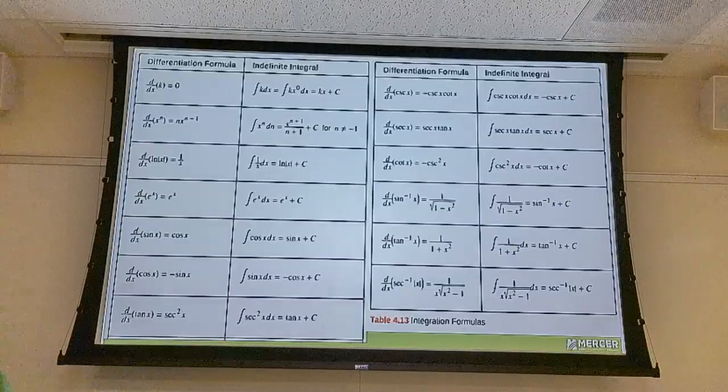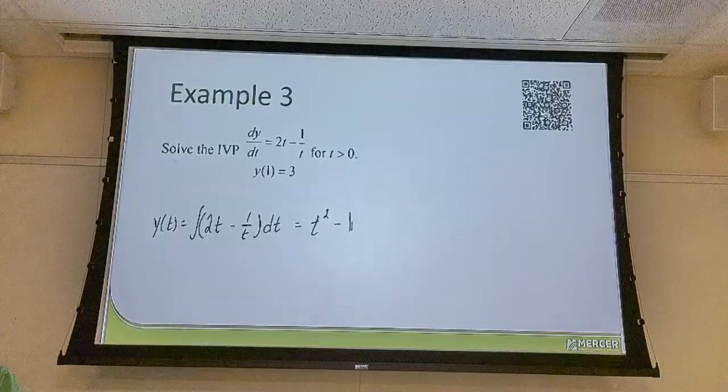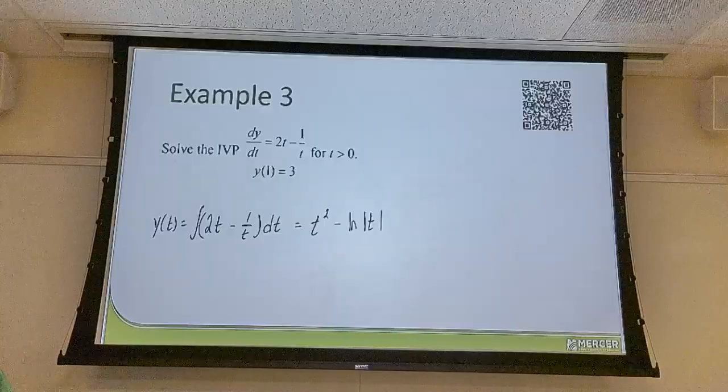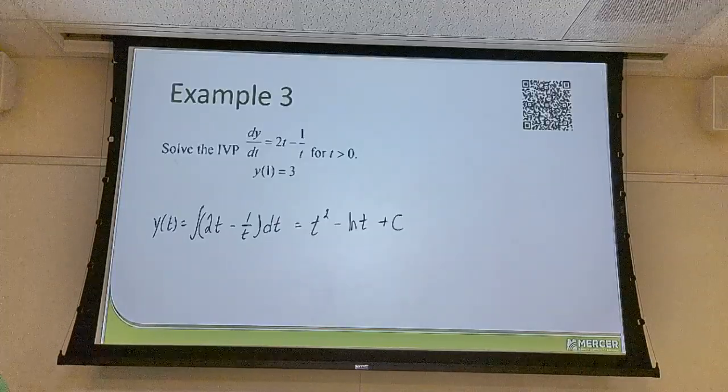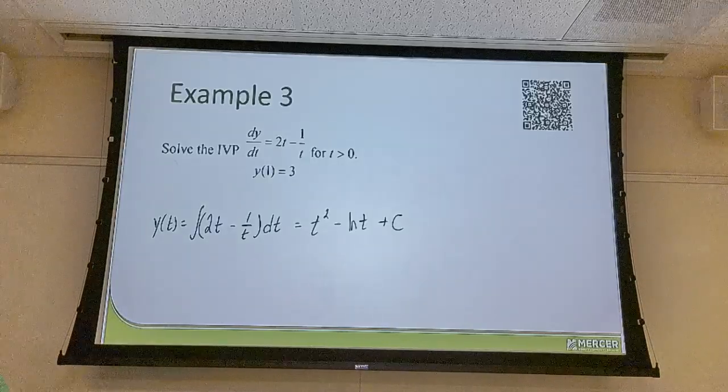So it's ln the absolute value of t plus c. Oh, wait a minute. What do we know about t? It's greater than 0. Which means I can ignore the absolute value. And then plus some arbitrary constant at the end. There's the antiderivative.